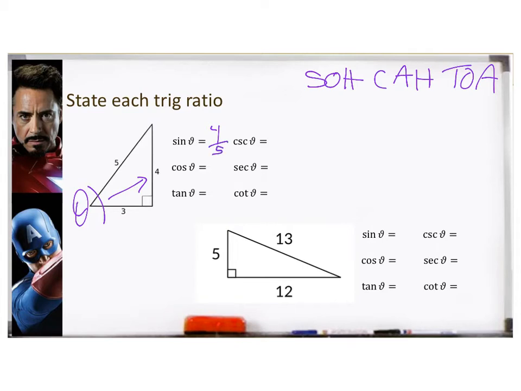Cosine is adjacent over hypotenuse. Now notice, for sine and cosine, 5 is the same. So this is my little trick. You got to be careful. It's a trick, so you got to know when to use it. But notice, tangent is opposite over adjacent, so it's 4/3, right? Opposite over adjacent, 4/3.